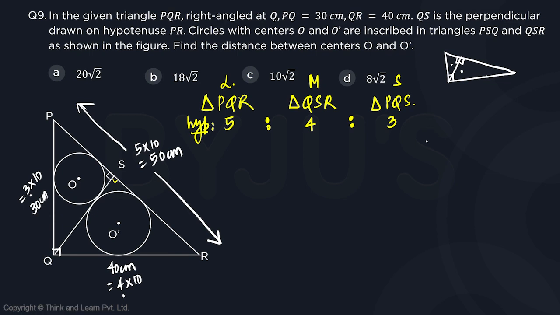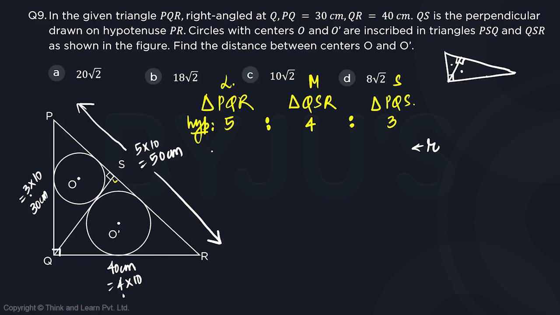That means if I talk about the in radius of the 3 triangles, the in circle of the triangle QSR and the in circle of PSQ, they will also fall in the same category.